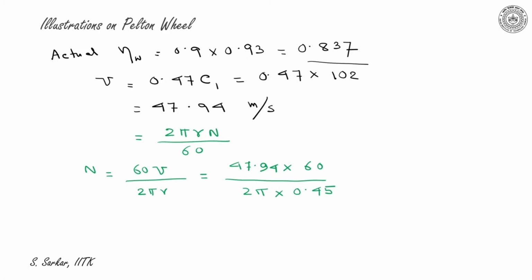If you do the calculation, you will get 1017 RPM. Therefore, I got another answer: N is 1017 RPM.